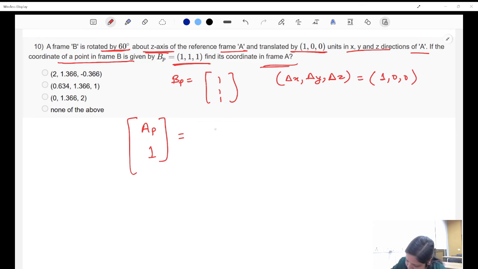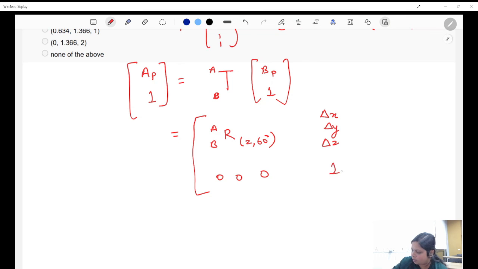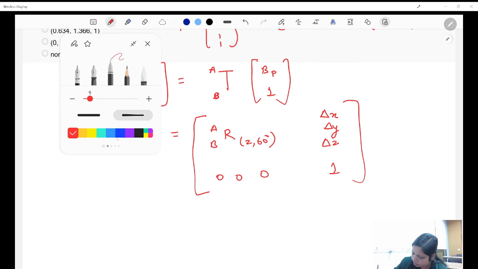This is the transformation matrix from B to A, and this is BP and 1. This is given by the rotation matrix from B to A, which is about Z by an angle of 60 degree, then delta X, delta Y, delta Z, 0, 0, 0 and 1. I'll separate it.